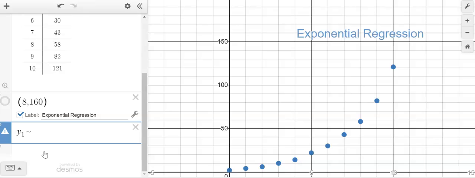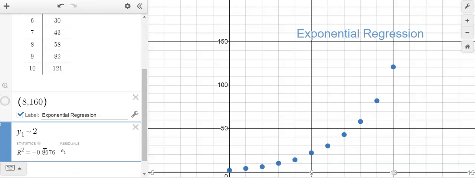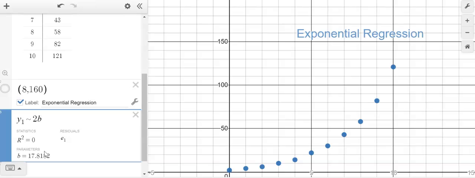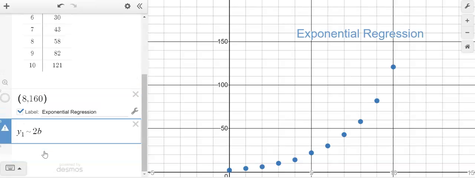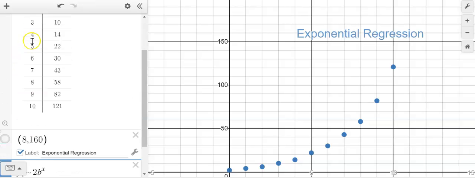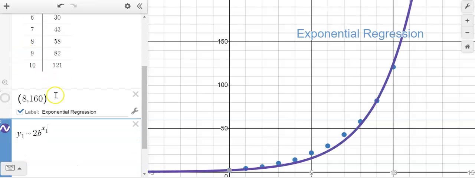In this case, I know my initial condition. I started with 2, so I'm going to leave that the same. What I don't know is the growth rate, or the growth factor, so I'm going to put that as b to the power of x. Since I'm using x1 in my table, I'm going to put in x1.